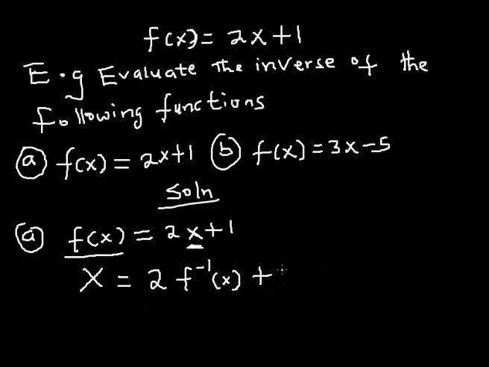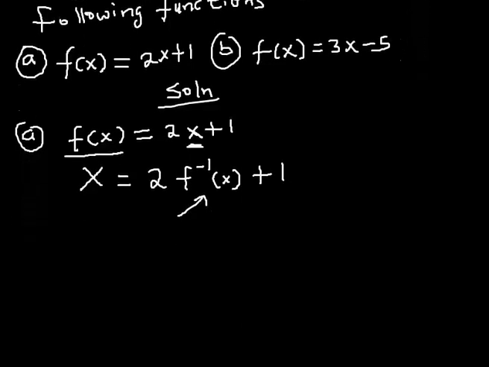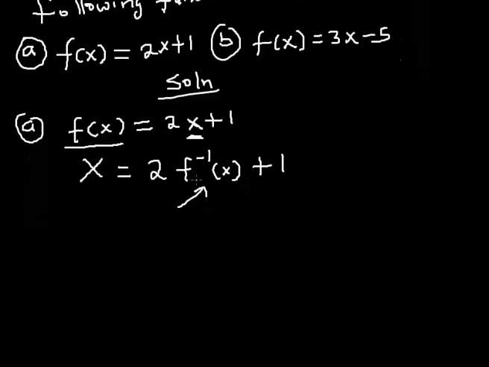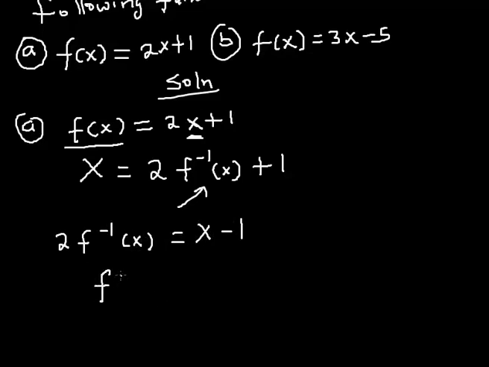Making this f inverse of x the subject gives me the inverse function. So that's going to be 2 times f inverse of x equals x minus 1. So my inverse function, f inverse of x, is going to be equal to x minus 1 divided by 2.